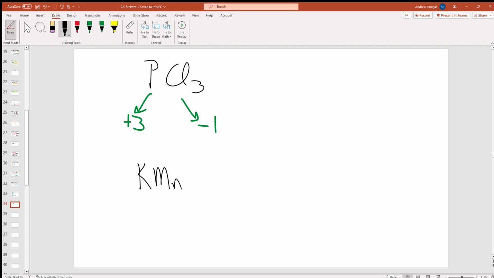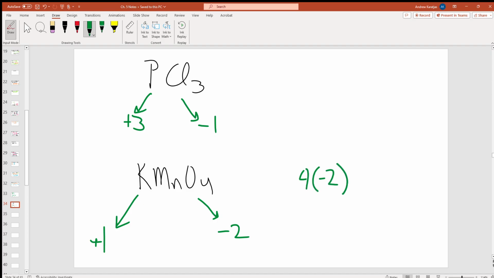How about KMnO4? So potassium is one of our group 1 metals, oxidation number +1. Oxygen, we've already said in most cases, is -2. So in total here, we have 4 oxygens at -2 each, and 1 potassium at +1.